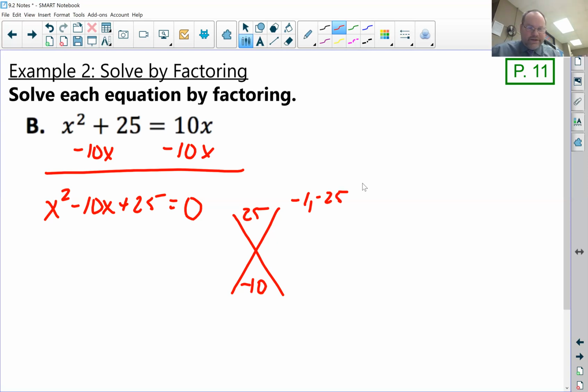No, that does not add to negative 10. 2 is not going to be a factor because 25 is not even. 3 is not going to be a factor because if I add 2 plus 5, I get 7, and 7 is not evenly divisible by 3. 4 is not a factor because, basically because 2 is not a factor, 4 can't be a factor.